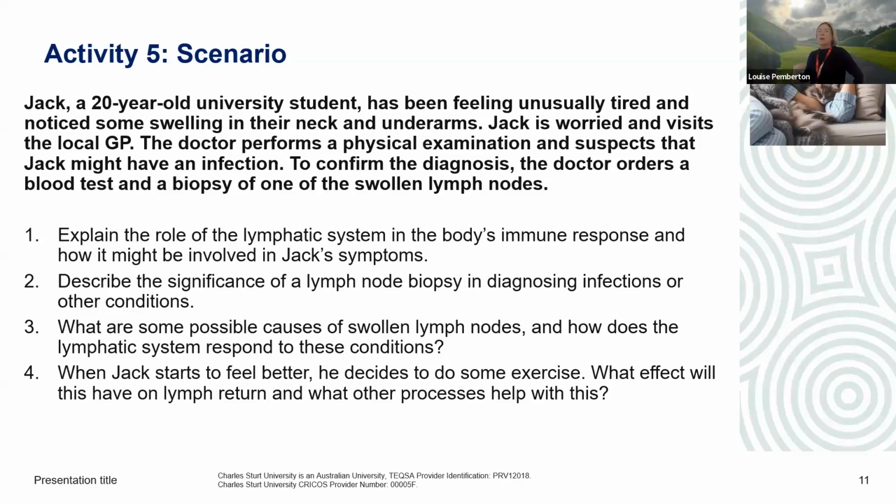But what else do those helper T cells do? They secrete cytokines, and those cytokines then cause B cells that recognize that pathogen to divide as well, and also those cytotoxic T cells. And in doing all of that, you're getting memory cells being produced as well.